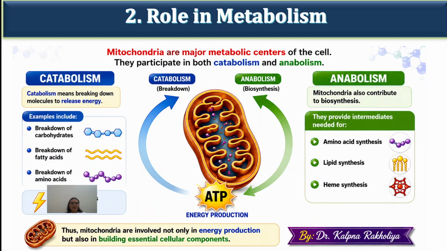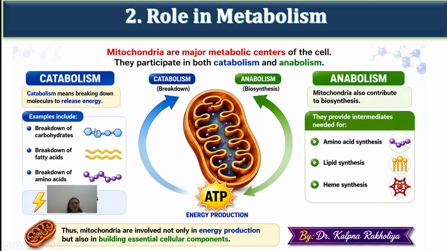The second role is in metabolism. What is metabolism? Metabolism is a word that is a combination of catabolism and anabolism. It has a role in catabolism, which is breakdown, and it releases energy, meaning ATP.